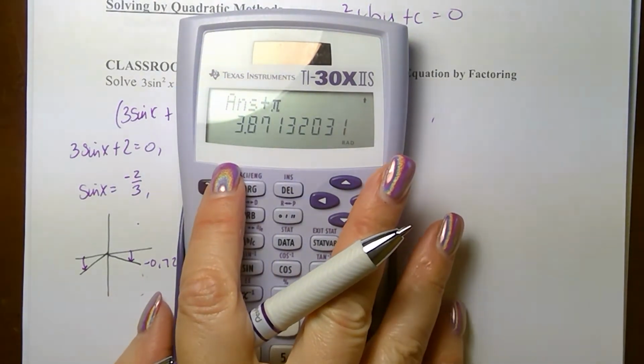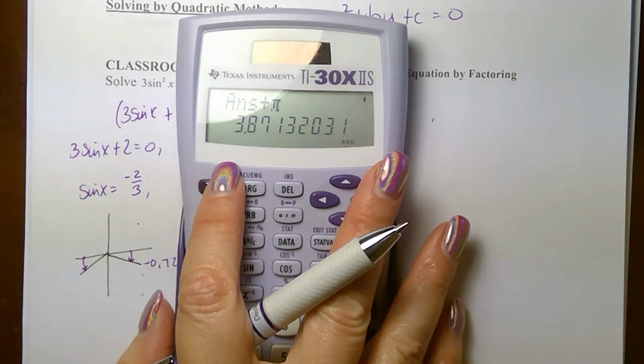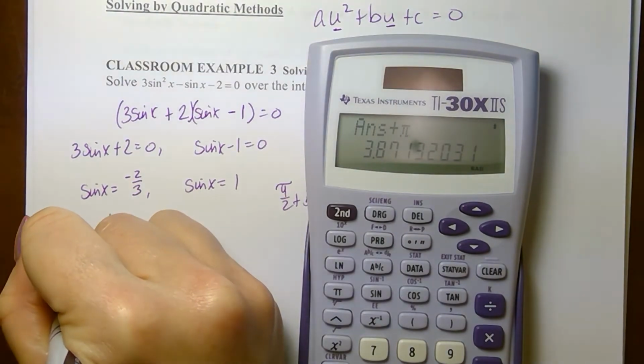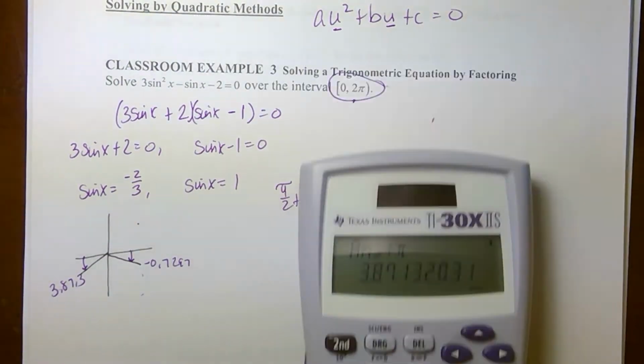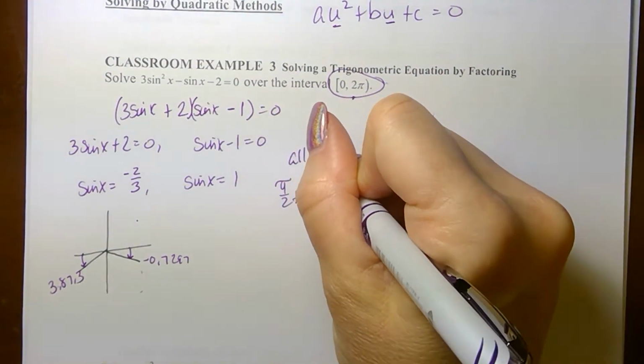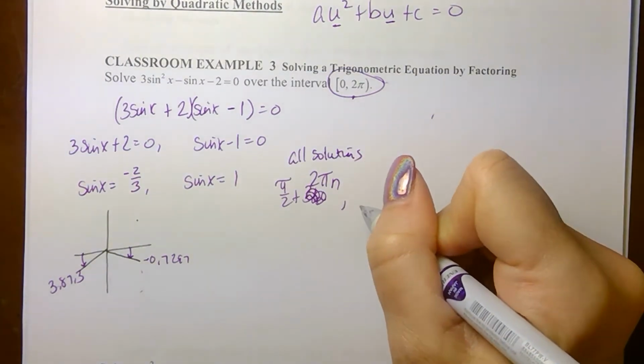So that value plus pi tells me that this angle over here in quadrant 3 is 3.8713 radians. So I have 3 starting places for all solutions. I have pi half plus 2 pi n.